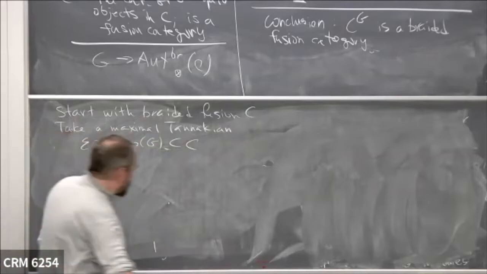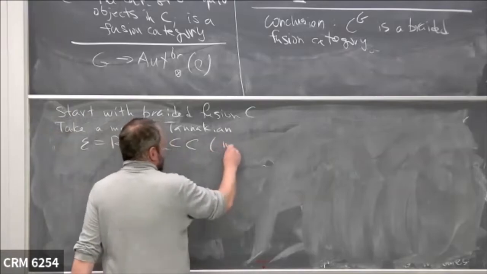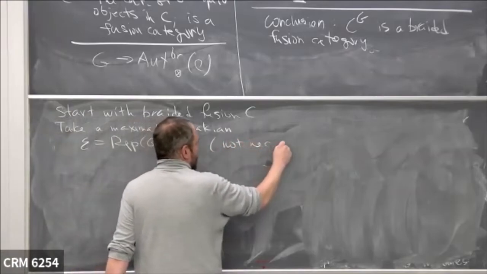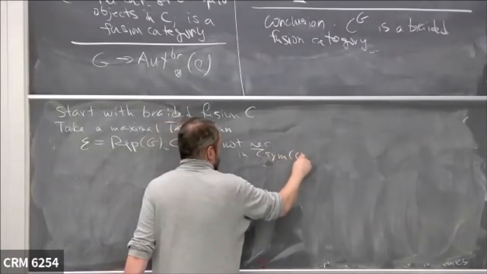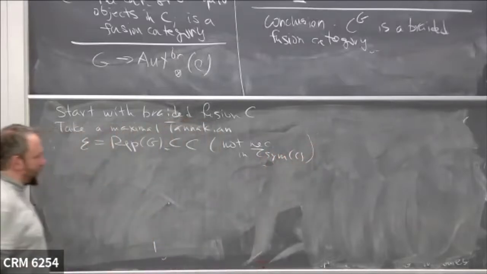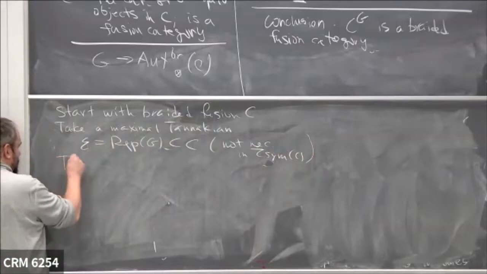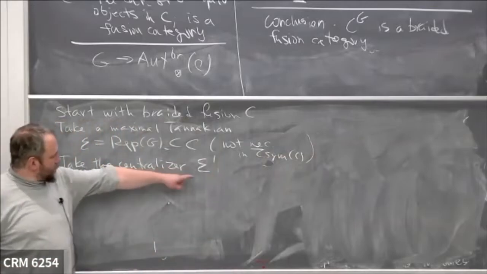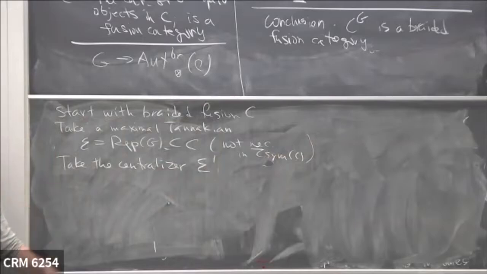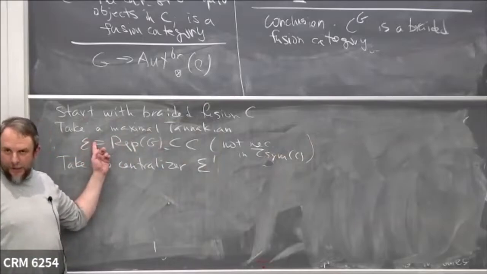Now, we do not require it to be in the symmetric center. If it were in the symmetric center, we knew what to do, we'd take the equivalentization. But what we can now do is take its centralizer. It's the subcategory of all the objects in C that centralize objects in E, right?